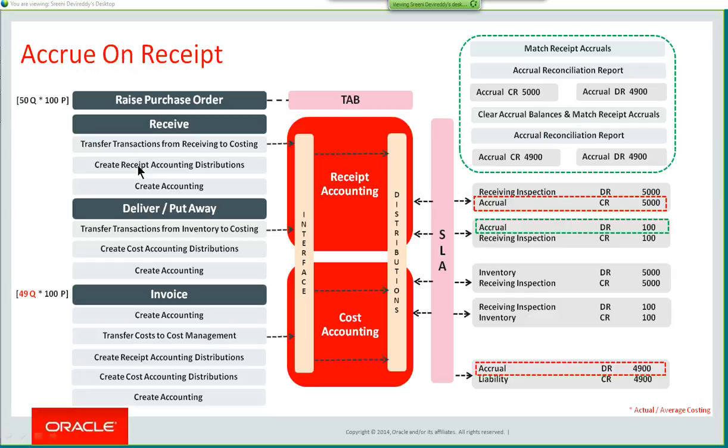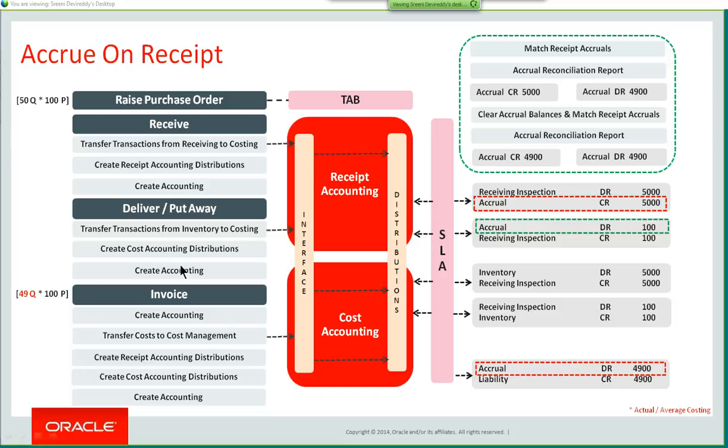If there is a change in the price, whether it is a price increase or decrease, the IPV is created, but you don't see any difference in the accrual. So the IPVs do not result in any accrual reconciliation issues.